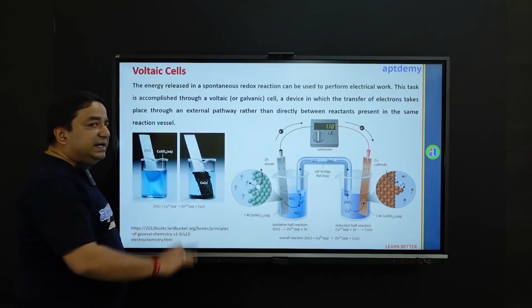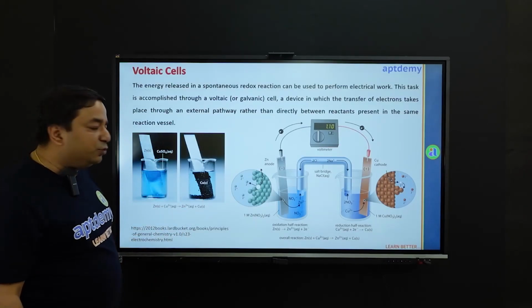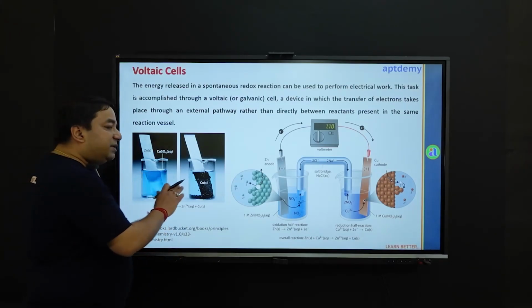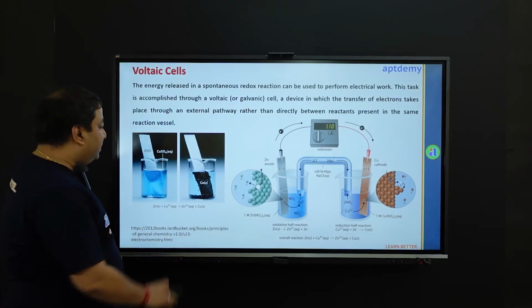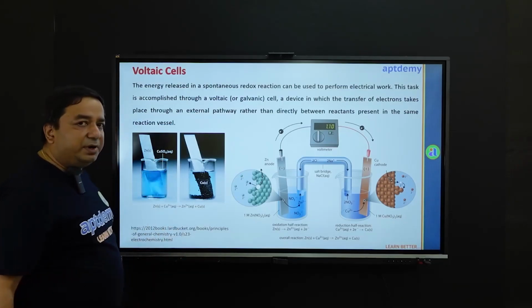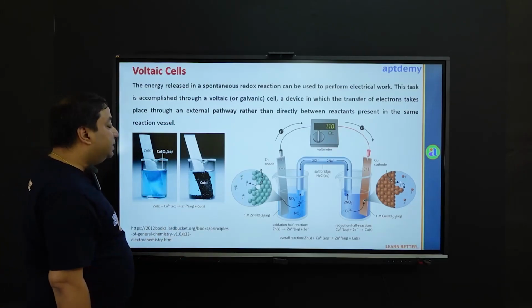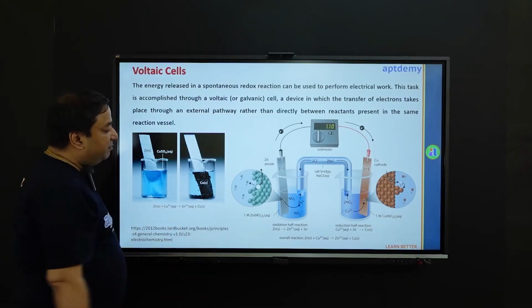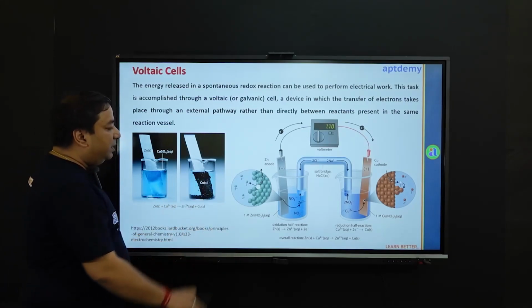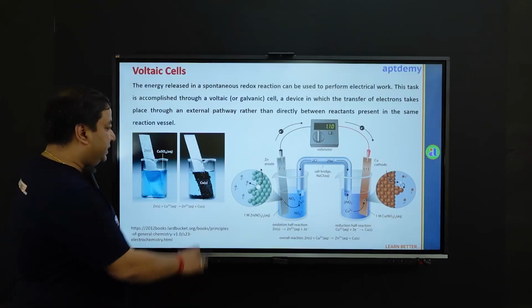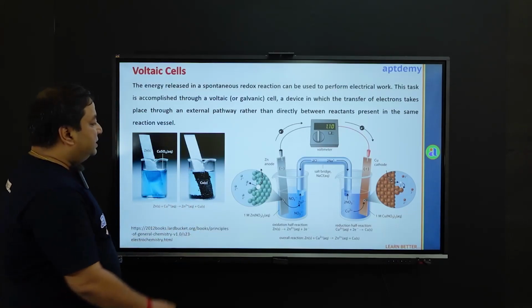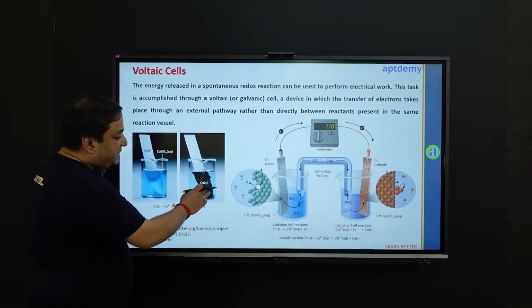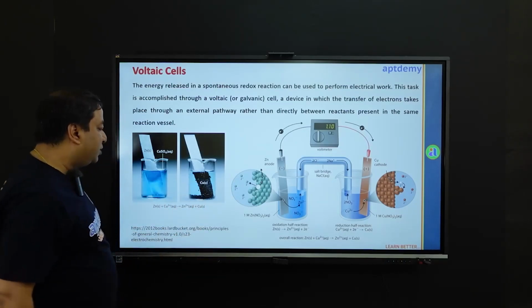Zinc is going inside the solution as Zn2 plus, and the electrons being released over here are reducing the copper 2 plus to copper metal, and so that is why we can see some deposition of black or brown type of powder on the surface of the zinc sheet, and some are falling at the bottom of the beaker.